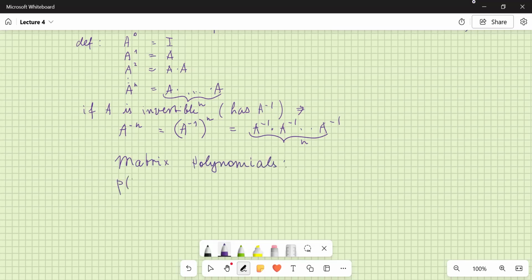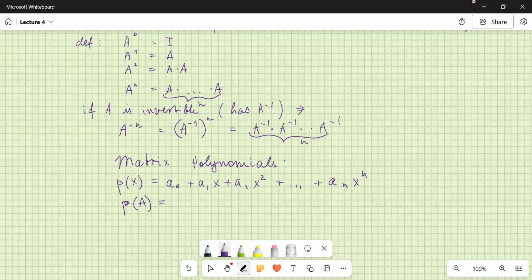Imagine that we have a regular polynomial p of x, and it's equal to a0 plus a1x plus a2x squared, and somewhere at the very end, an x to the power of n. It's just a regular polynomial. Now, imagine that instead of x, we are going to use a matrix A. Of course, a square matrix A.